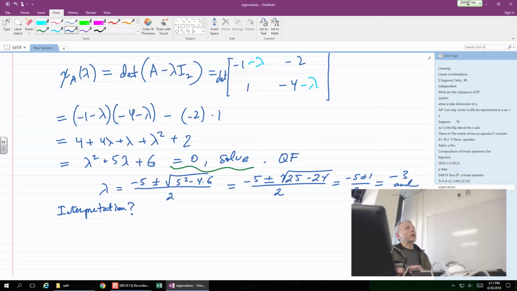Okay, so it means that in some direction, one vector direction, our operator A works as a stretch by a factor of 3. Minus 3 means what? Reverse, right. So in a particular direction that we haven't found yet, what the operator does to that vector is it stretches by 3 and then flips it backwards. Okay, and then there are two vectors like that.